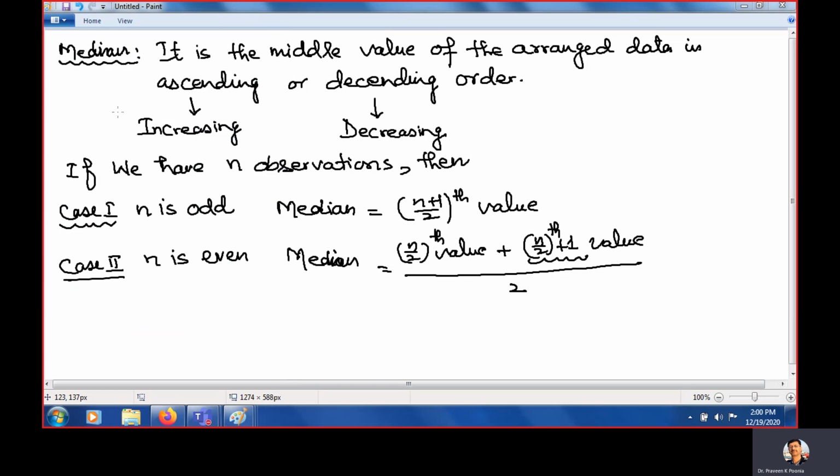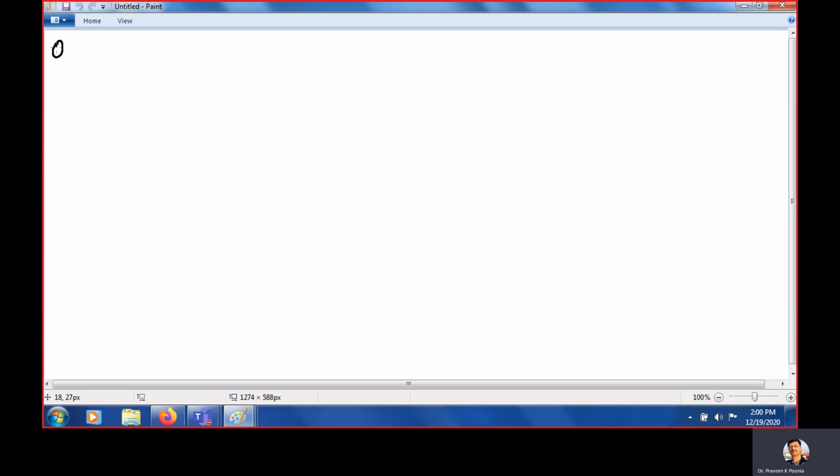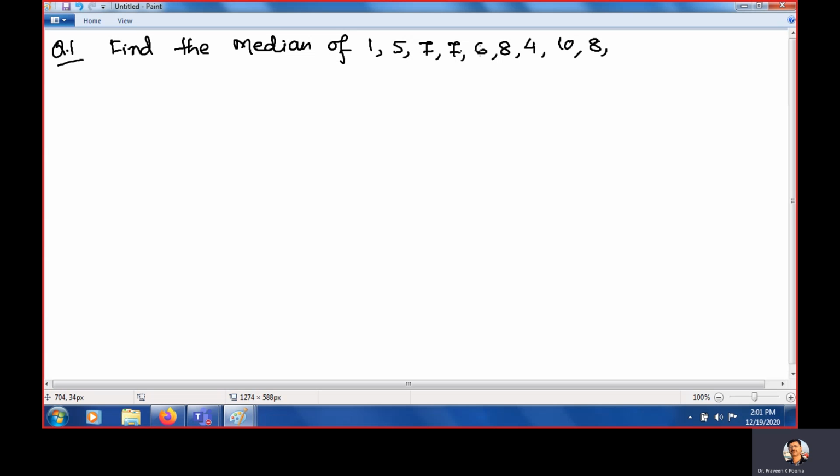We will solve two questions here. Question number 1, find the median of 1, 5, 7, 7, 6, 8, 4, 10, 8, 9 and 10.